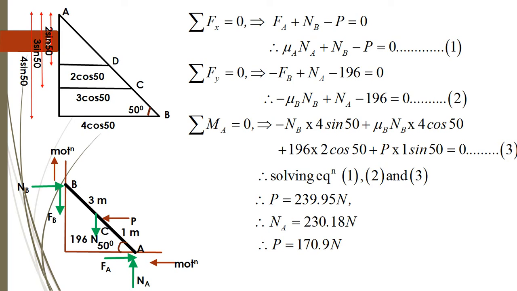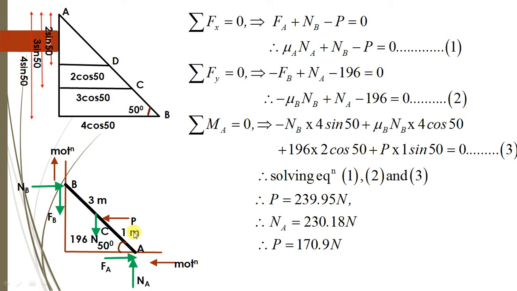So take the moment about point A. In order to take the moment about point A, we must know all the horizontal and vertical distances. The forces passing through point A will not create any moment. So FA and NA will not create any moment about point A because the perpendicular distance is 0.